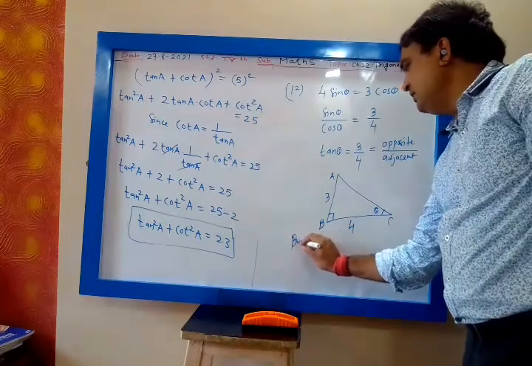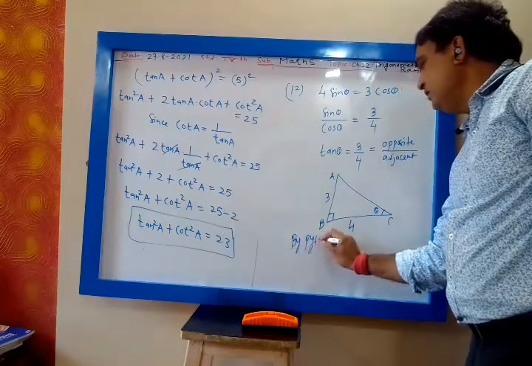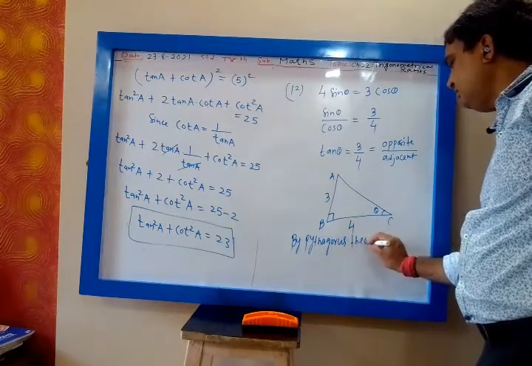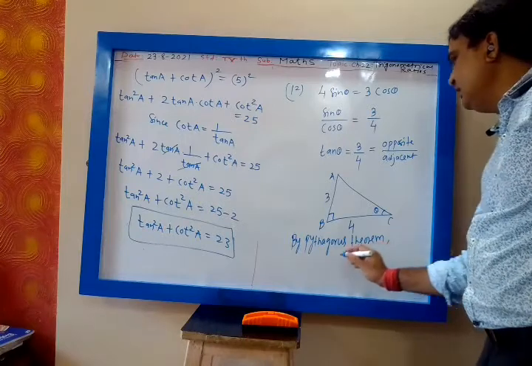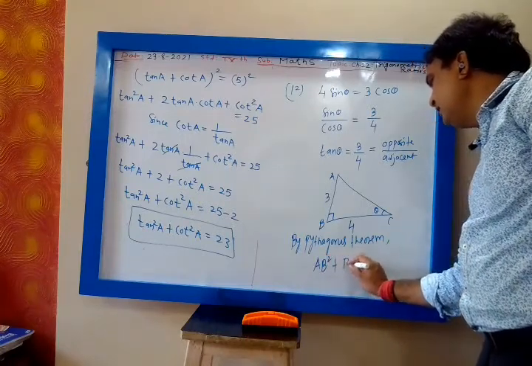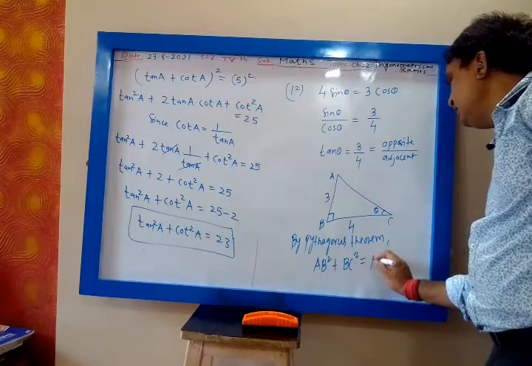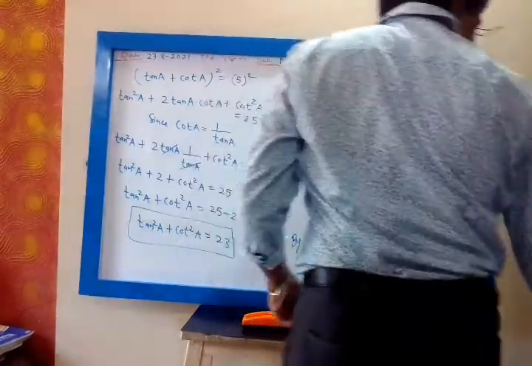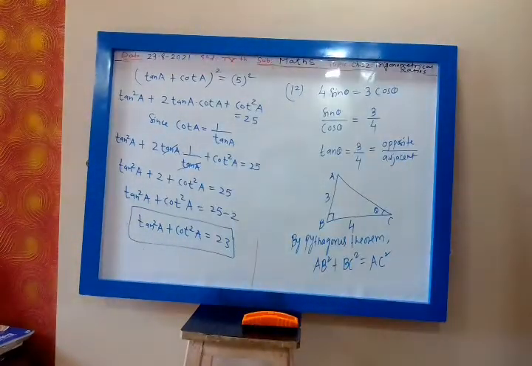Yes, so by Pythagoras theorem, AB square plus BC square is equal to AC square. So find the value of AC.